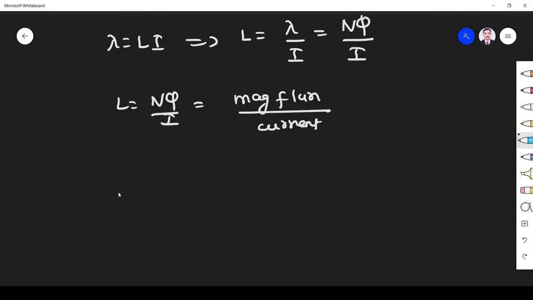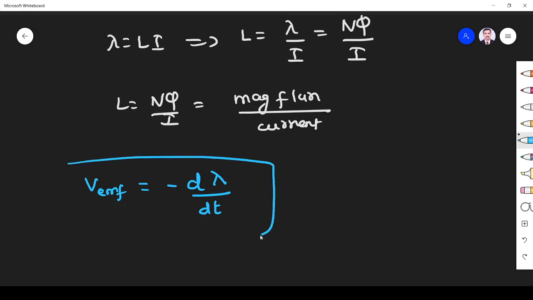As per Faraday's law of electromagnetic induction, whenever the flux linking with the coil changes, that is, when lambda changes with respect to time, an EMF will be induced.